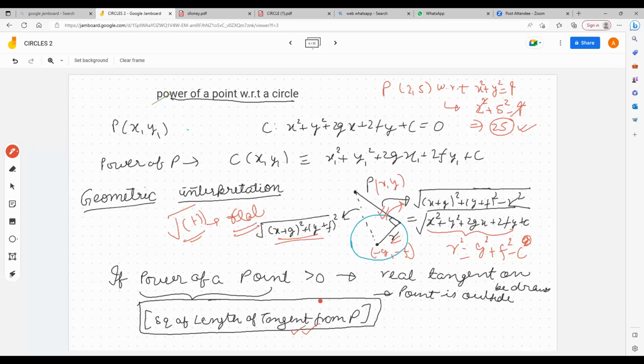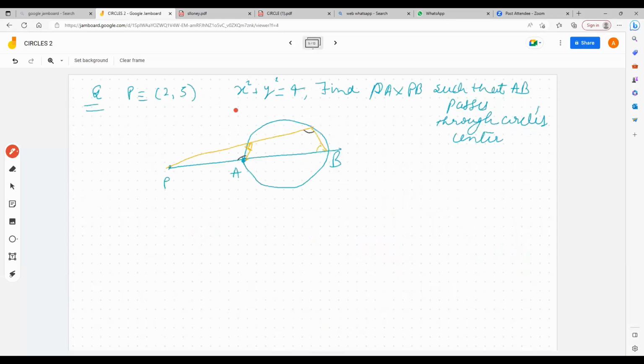Geometrically, the condition of P being outside the circle, and from P we can draw a real tangent, both these things have the same geometrical meaning. And using this, we can say that if P lies outside the circle, then the power of P should be positive.